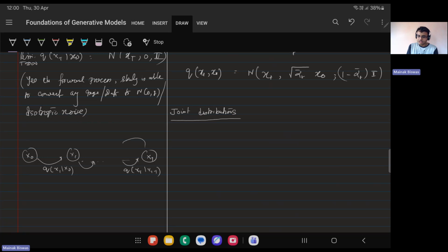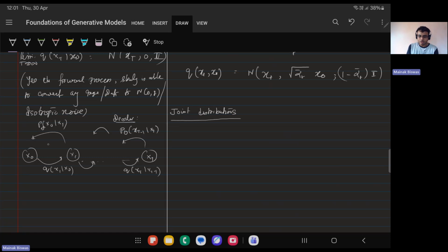And the reverse process, p theta, is what we're going to learn, the decoder. P theta of xT minus 1 given xT, and so on, until I get p theta of x0 given x1. This is all the reverse process.